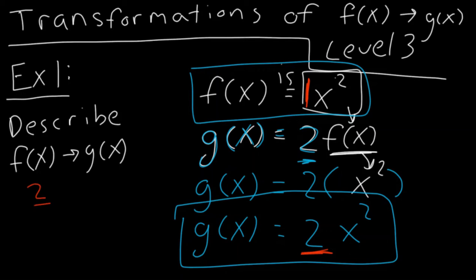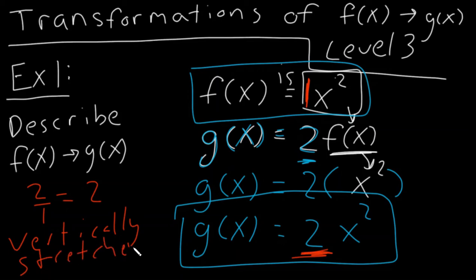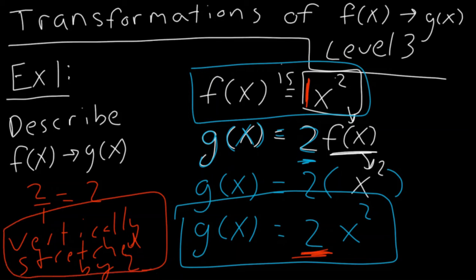So we'll take our new coefficient 2 divided by 1, and 2 divided by 1 is 2, and so we would simply say it was vertically stretched by 2. Now, that's not technically the correct way, so it would say vertically stretched by a factor of 2. I just didn't have the room to write it in, but you can write it yourself.